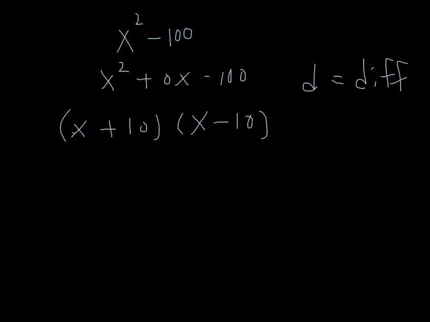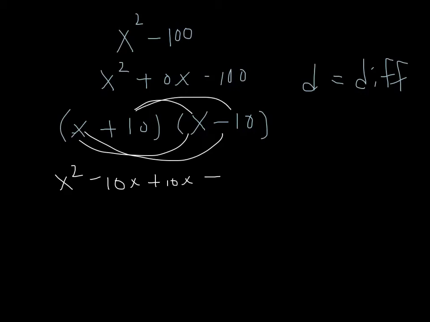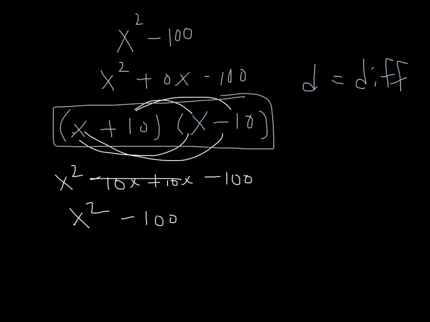And when we go to FOIL this out, x times x gives me x squared. And then you're going to get a minus 10x, followed by a positive 10x, followed by a negative 100. And when you combine these like terms, they cancel out. You're going to get x squared minus 100, giving us final factors of x plus 10 times x minus 10.